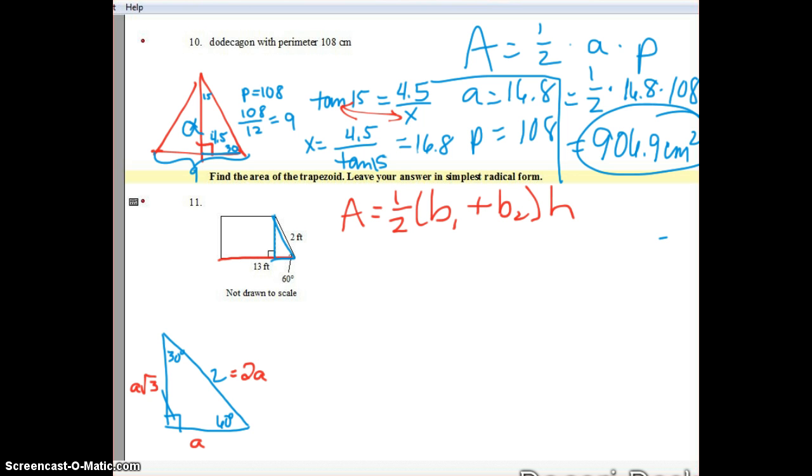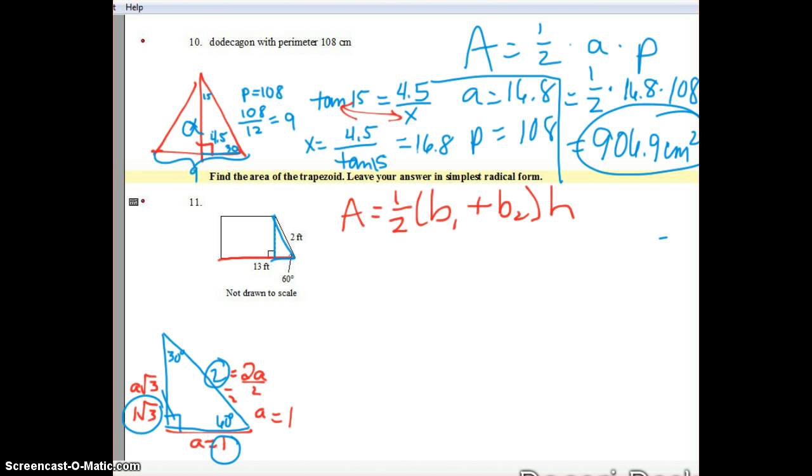Do a little math there and divide by 2. We find out that A is equal to 1, which is this side. And then the side opposite 60 would be 1 square root of 3, or just the square root of 3. So there's the hypotenuse, there's the side opposite 30, there's the side opposite 60.